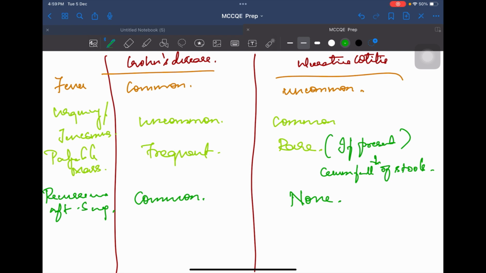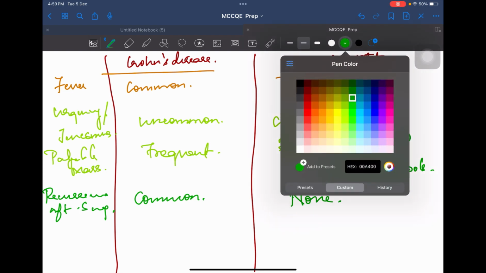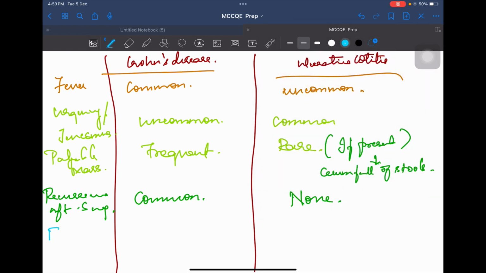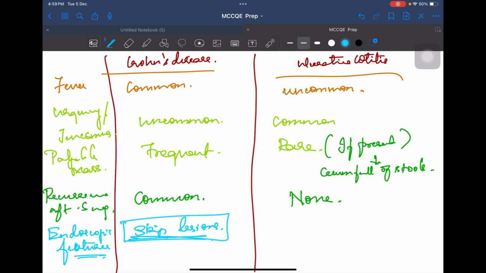What about endoscopic features? Let's go for endoscopic features in Crohn's disease. We might have heard about the skip lesions, right? So what are skip lesions?